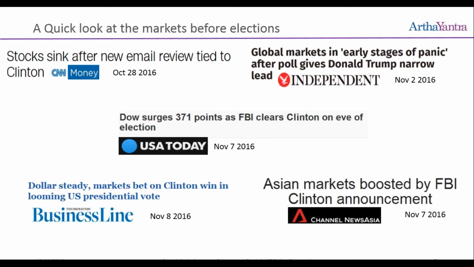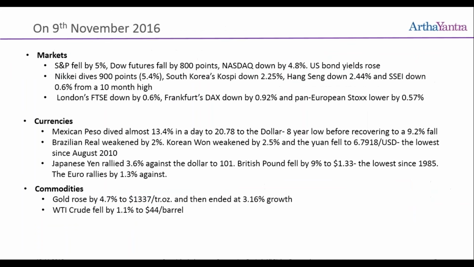But then Mr. Trump won, and lots of indices fell across the world. The Standard and Poor's Index, Dow Jones, and Nasdaq all fell by about 4 to 5%. Nikkei fell. South Korea's Kospi fell. Hang Seng fell.